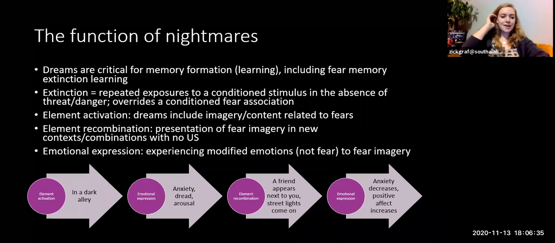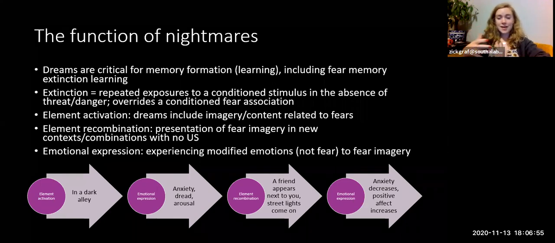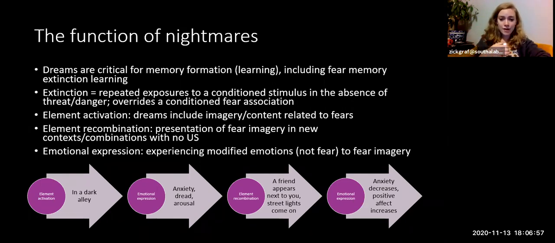So what this might look like is, say you were mugged in an alley in real life. That's a traumatic experience. It took place in a dark alley, so that's the element activation part. You start dreaming about a dark alley. Initially, the conditioned emotion that dream brings up, that image of a dark alley, is anxiety, dread, physiological arousal.